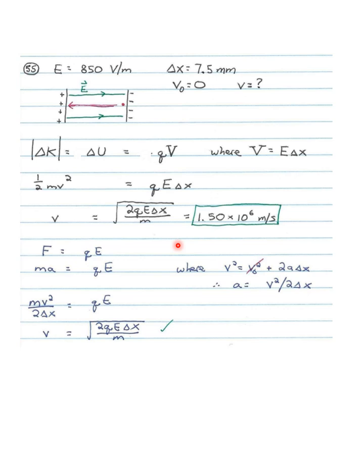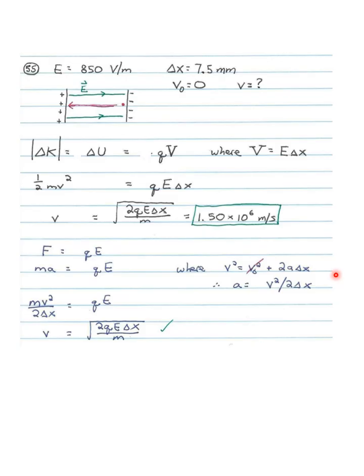Another way we could solve this problem is to use more dynamics and kinematics. So we can start with F equals QE, and Newton's second law, F equals ma. So ma equals QE. And to know what acceleration is, we need to involve the displacement and the velocities. So come over to the right-hand side, a kinematic equation.